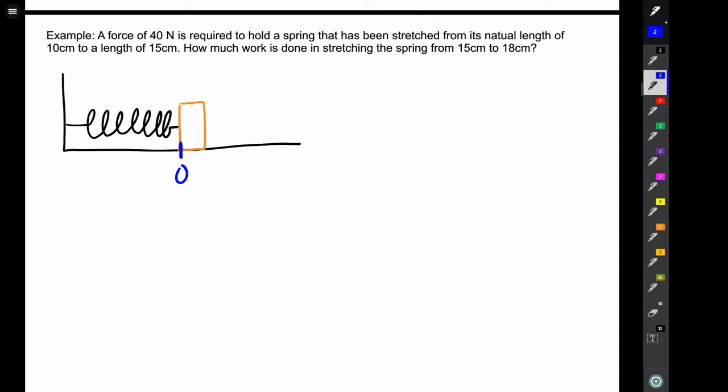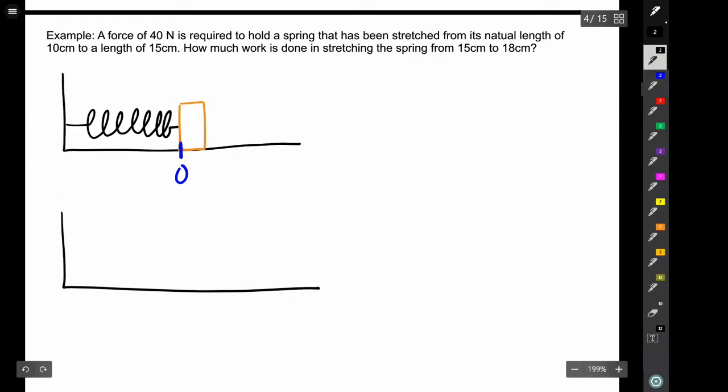And then what we're looking at is saying, all right, well, this spring has been stretched from 0. Let's see, if we're stretching it from 10 centimeters to 15 centimeters, we're stretching it an extra 5 centimeters.